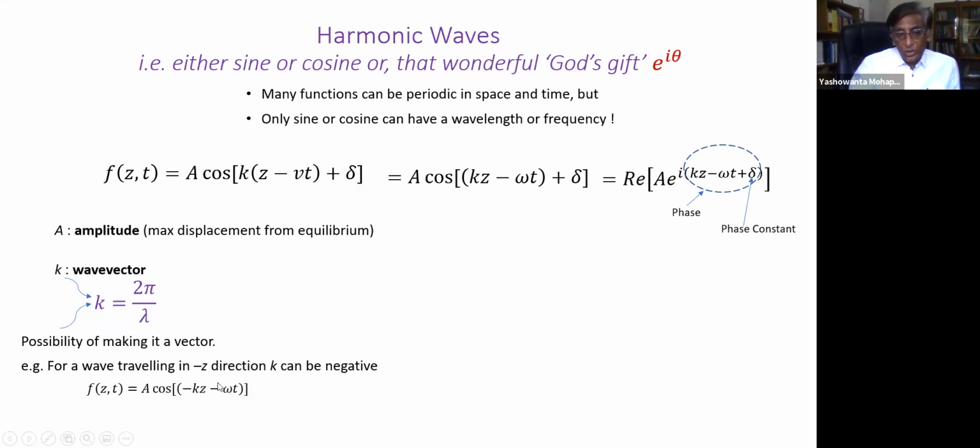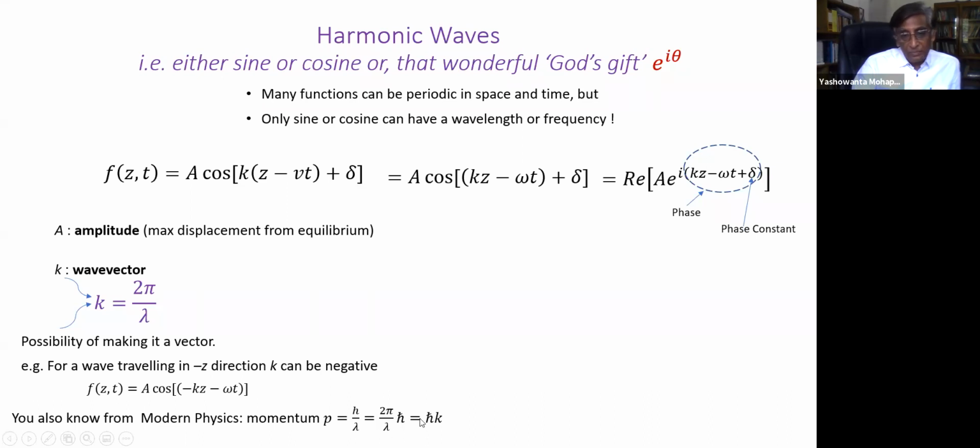Cos is of course an even function, so the shape remains the same, but it's moving in the minus k direction. We also, from modern physics, are familiar with the relation that the momentum associated with a wave is h by lambda. That is the significance of the use of k, and I can write it in terms of h cross, so this is 2 pi by lambda.